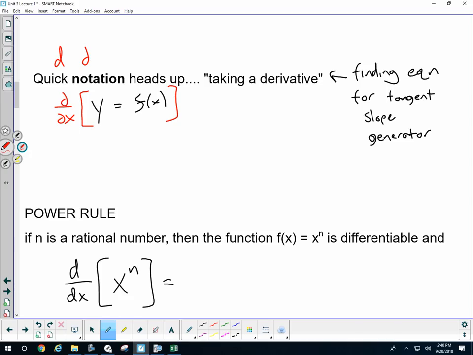Now, what is this notation? Right now, just notice it as take the derivative. This x means with respect to x. That x can change.